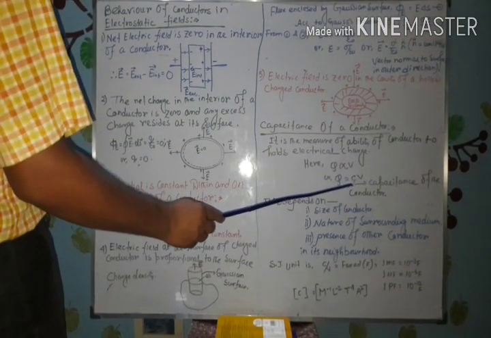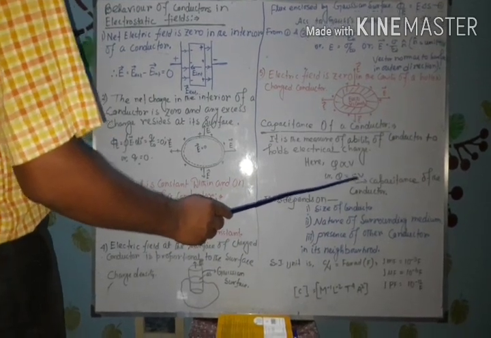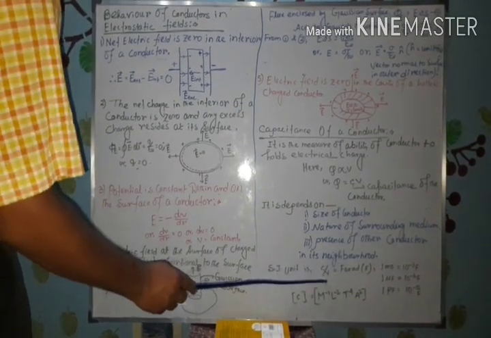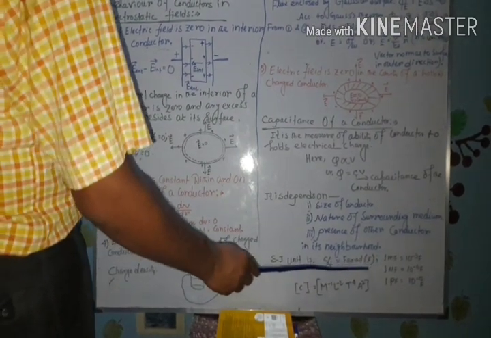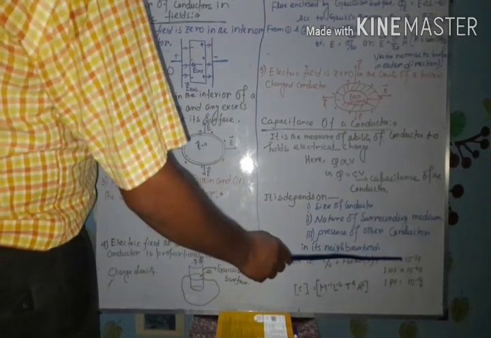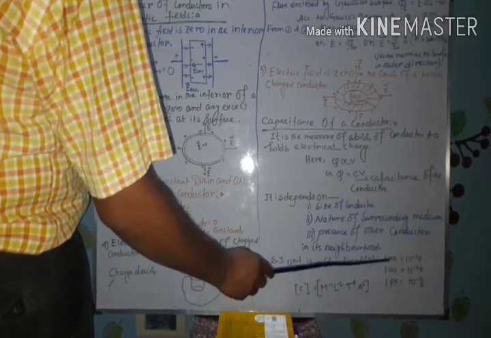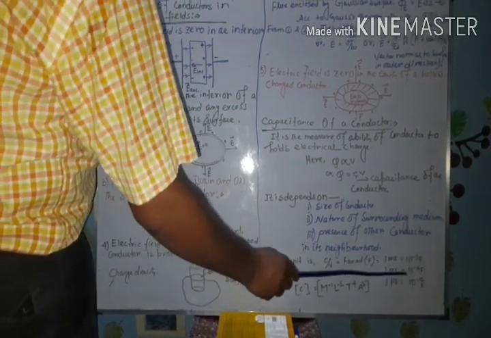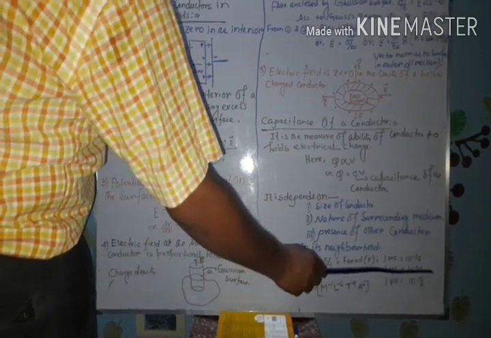Now we have to know about the SI unit of capacitance. From this expression, we can write C equals Q by V. Therefore the SI unit of C is the SI unit of Q by the SI unit of V, that is Coulomb per volt, which is equal to Farad and denoted by F. In numericals, we observe there will be units of millifarad, microfarad and picofarad. 1 millifarad is equal to 10 to the power minus 3 farad, 1 microfarad equals 10 to the power minus 6 farad, 1 picofarad equals 10 to the power minus 12 farad.